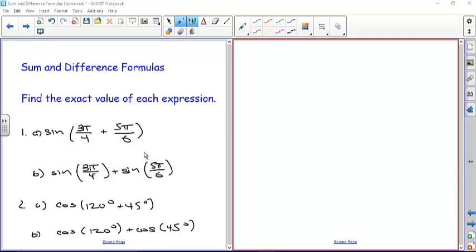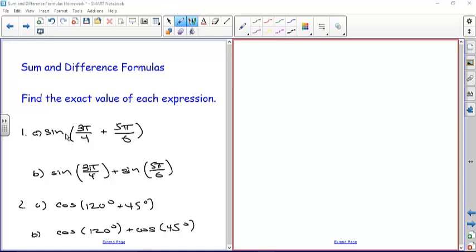So now we can get these from the unit circle. We could add these together and find the result, which we'll do as a comparison, but what we're going to use is the sum and difference formulas as well.